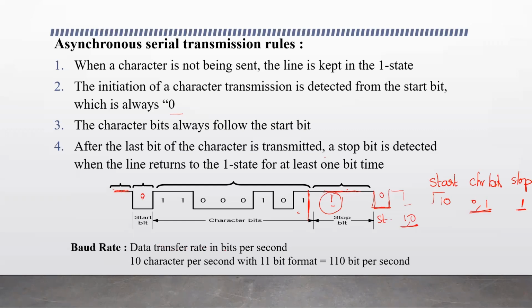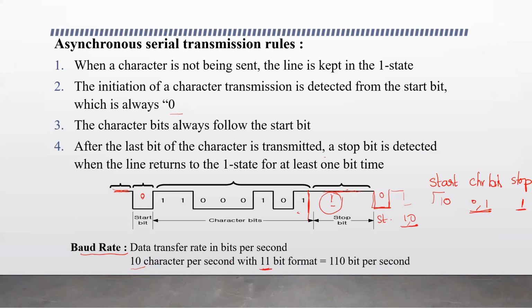The rate at which the bits are transmitted is defined as the baud rate. For example, if the transmission is done at a rate of 10 characters per second and each character has 11 bits of data.